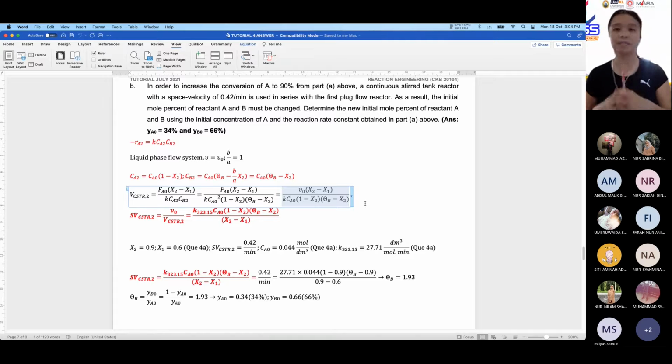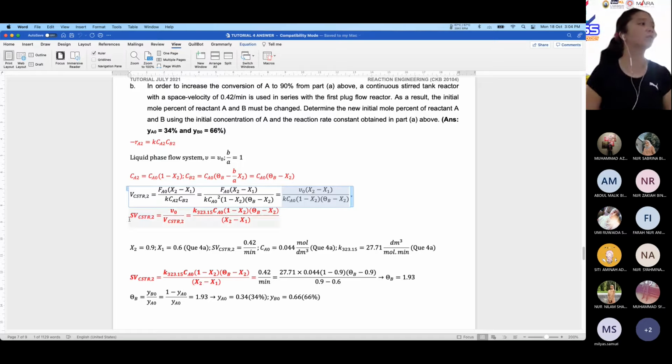Alright. Okay, tapi belum habis lagi sebab equation ni untuk mencari volume. Kita nak space velocity because the information given to us was a space velocity. So sama konsep je lah. Volume, I move from left to right. So this volume CSTR2 pindah daripada kiri ke kanan, dia jadi pembawah. The rest of the variables in my right hand side, I move to the left.